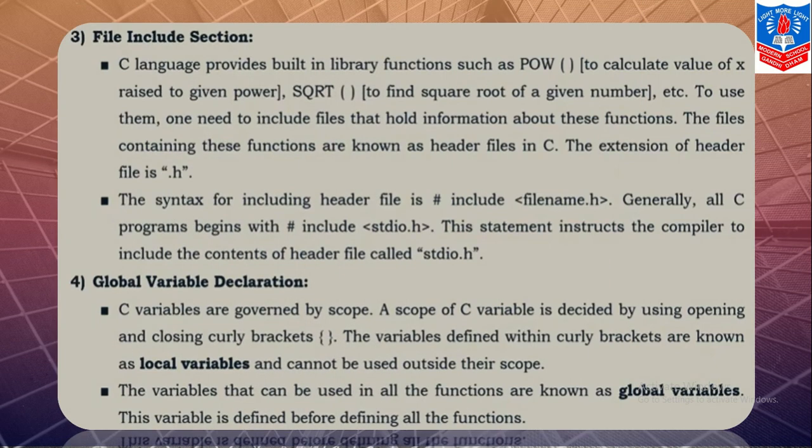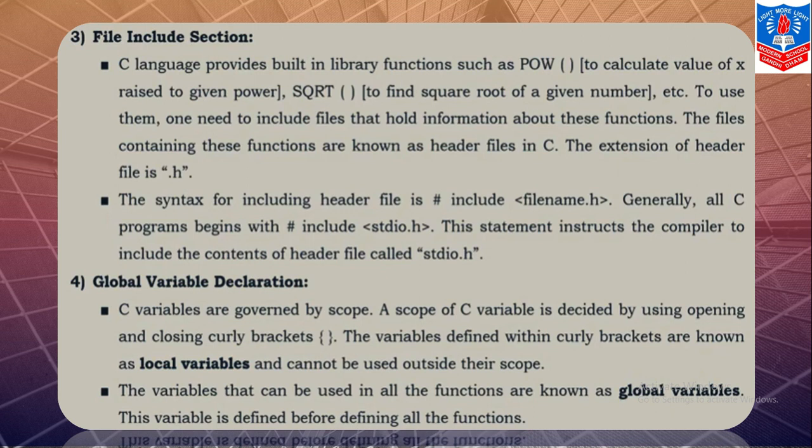Now the file include section. The C language provides built-in library functions such as pow to calculate the value of x raised to a given power, sqrt to find the square root of a given number, etc. To use them, one needs to include a file that holds information about these functions. The files containing these functions are known as header files in C language.